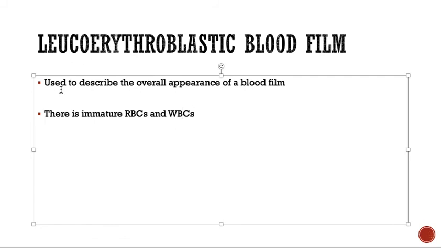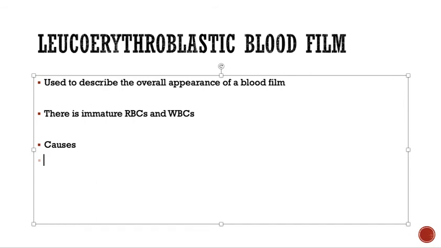When we see in the film that there are a lot of immature WBCs and RBCs, they call it a leukoerythroblastic blood film, right?